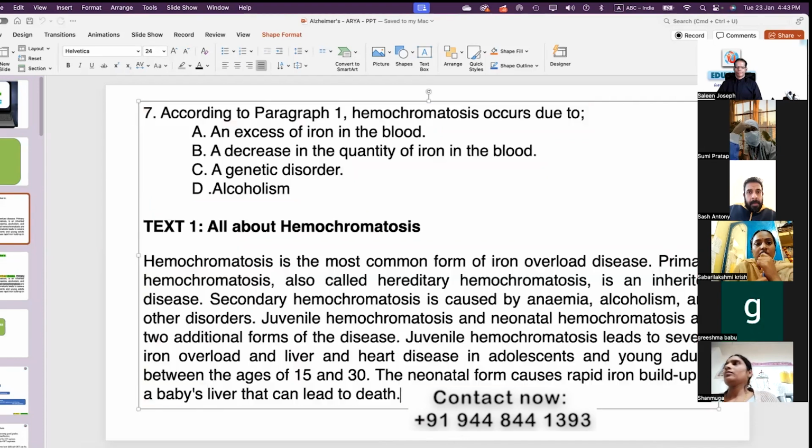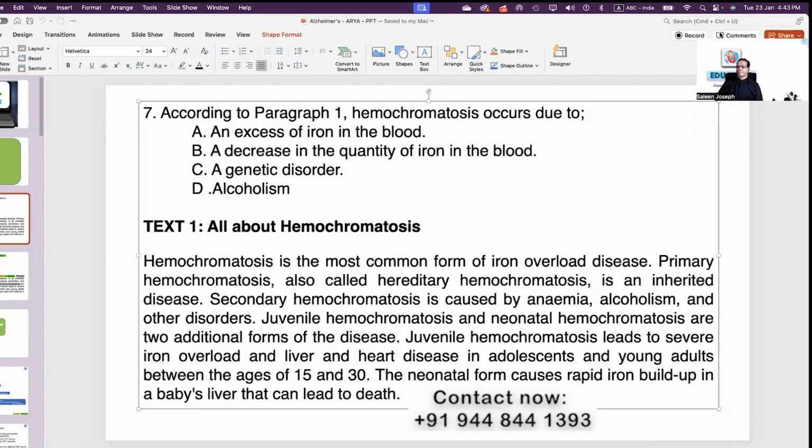7. According to paragraph 1, hemochromatosis occurs due to A. An excess of iron in the blood, B. A decrease in the quantity of iron in the blood, C. A genetic disorder, D. Alcoholism. Text 1. All about hemochromatosis. Hemochromatosis is the most common form of iron overload disease. Primary hemochromatosis, also called hereditary hemochromatosis, is an inherited disease.